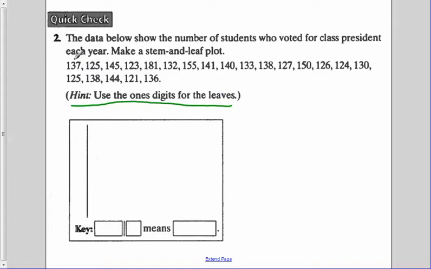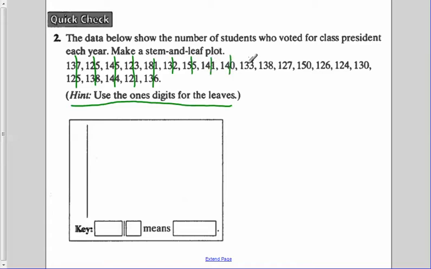So again, I'm splitting this up right down from my tens and my ones place. That helps to identify what these mean. Go ahead and mark that first.